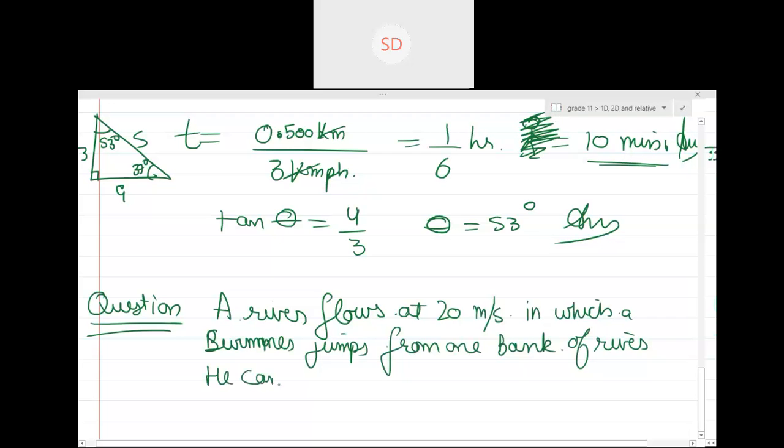He can swim at 10 meter per second relative to water.